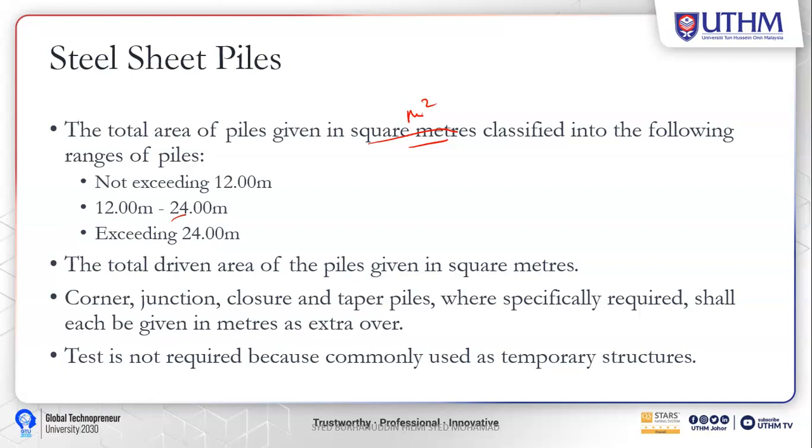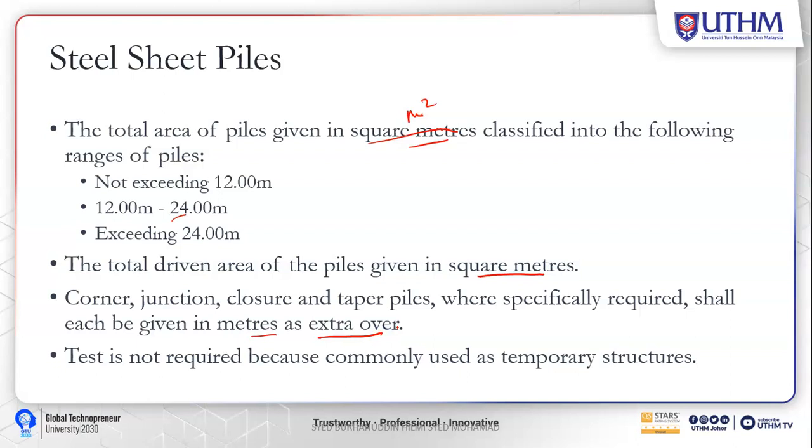The total driven area of pile is given in square meters. Corner, junction, closer, and taper piles which are specifically required shall each be measured in meters as extra over.